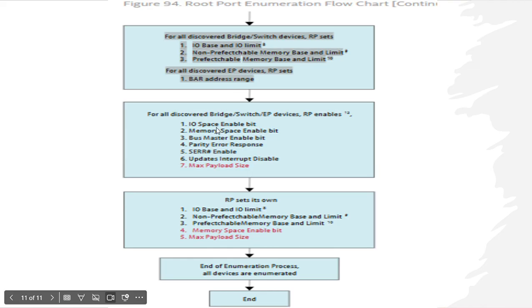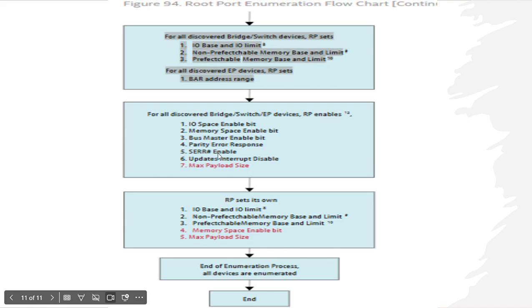If the memory space enable bit is not configured, our endpoint will issue an unsupported request. The bus master enable bit you have to set. Why you have to set the bus master enable bit: whenever you set it, at that time our device will issue the request, which is the memory request.